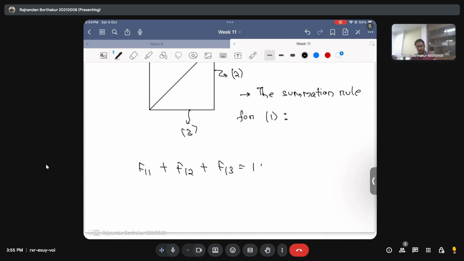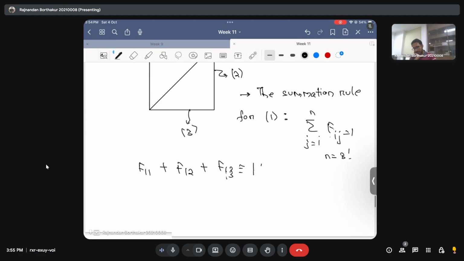That's the view factor summation rule that I have applied, which is just the summation of j equal to 1 to n, Fij is 1, and in this case your n is equal to 3.